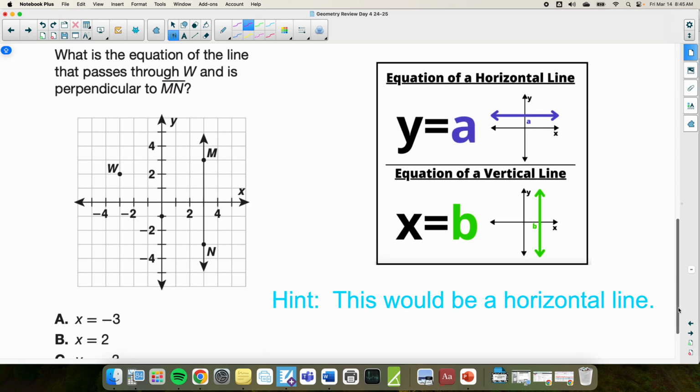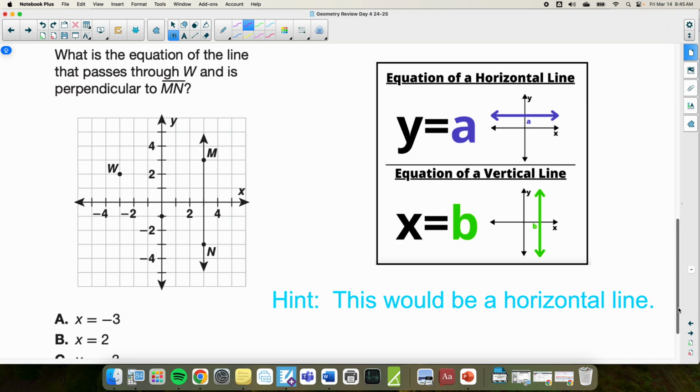Alright, what is the equation of the line that passes through W and is perpendicular to MN? Alright, what is the slope of MN? Undefined, right? Because if it's rise over run, we're going to divide by 0, and that's a big no. What would be perpendicular to straight up and down?